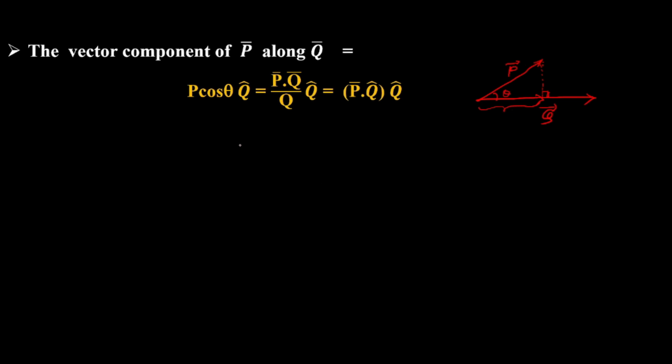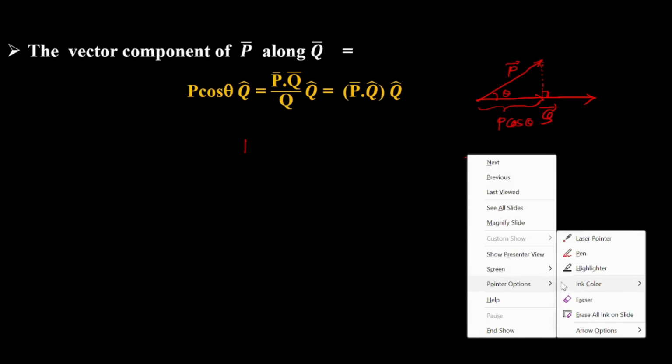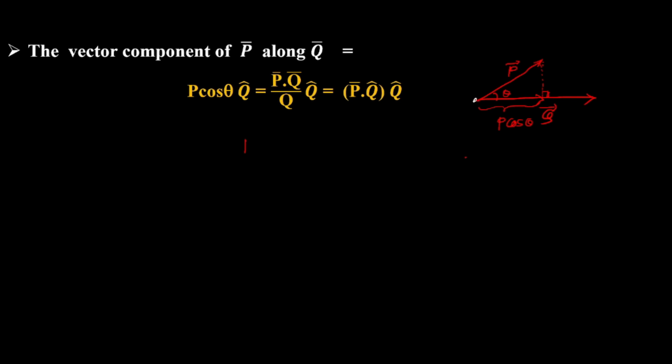Let me take this one. From this point to this point, the magnitude is P cos theta, from this triangle. Now P cos theta is along the Q vector.